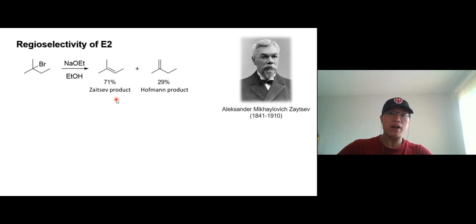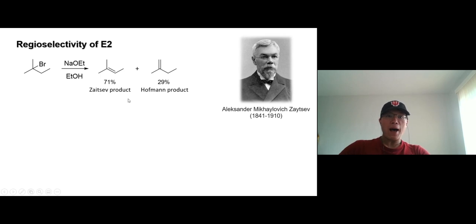We call it the Zaitsev product. Zaitsev was a Russian chemist working with a lot of elimination reactions, and he found that the product distribution favors the more substituted alkene, because it's more stable. The activation energy is lower, the reaction goes faster, so you get more of this.